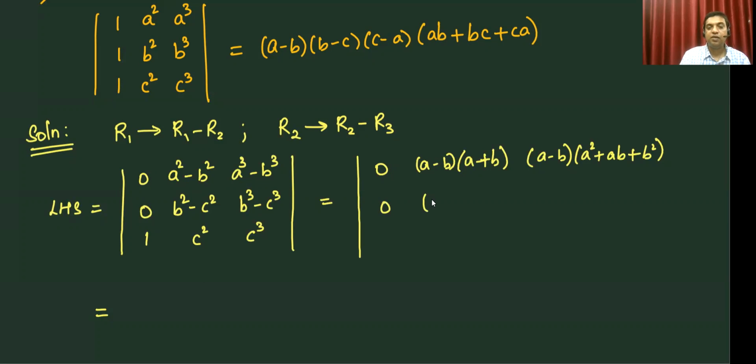This is b minus c into b plus c. Then b cube minus c cube is b minus c into b square plus bc plus c square. Then you have 1 c square c cube.